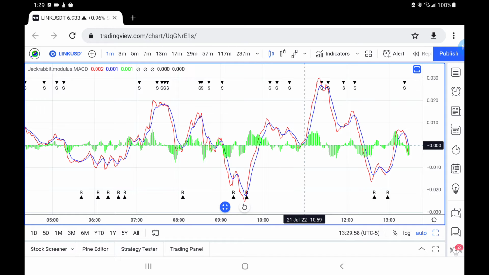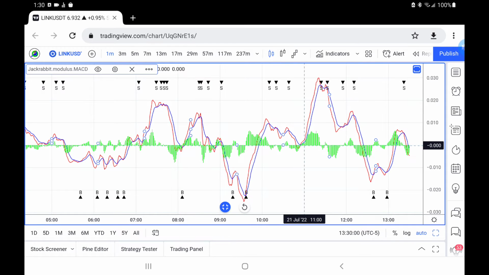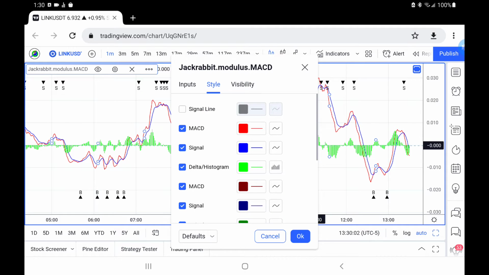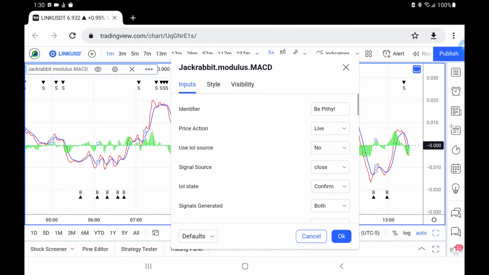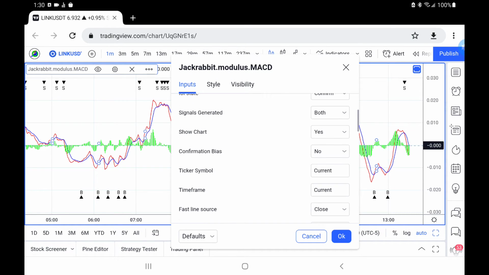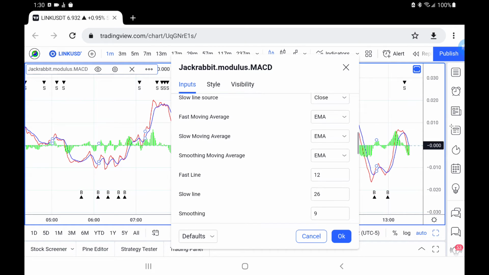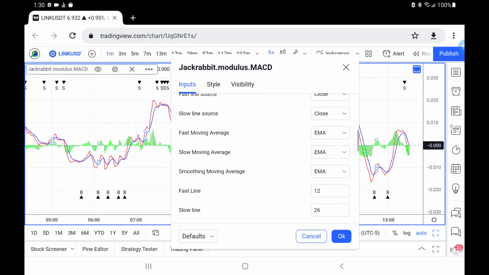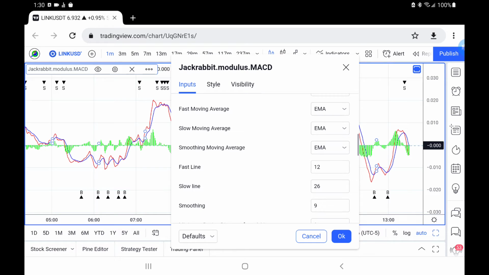So let's start with the basic settings. Let's go to historic markets. And everything is pretty much standard from the previous version. Now I'm running just a standard EMA 12, 26, 9 for all of the settings.